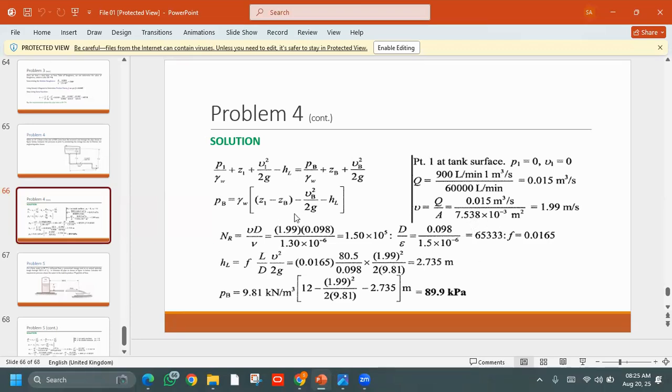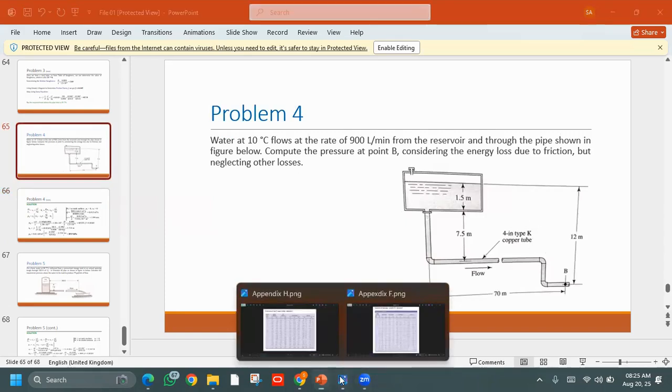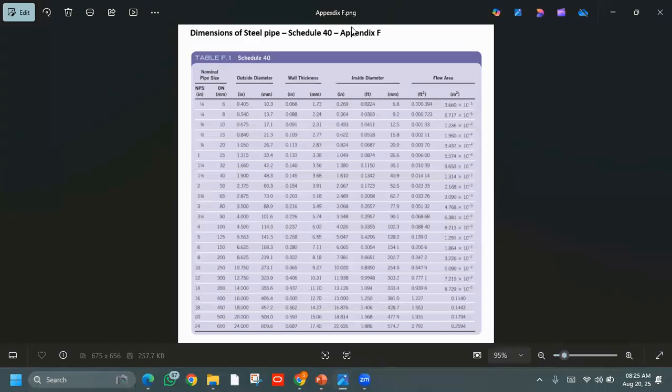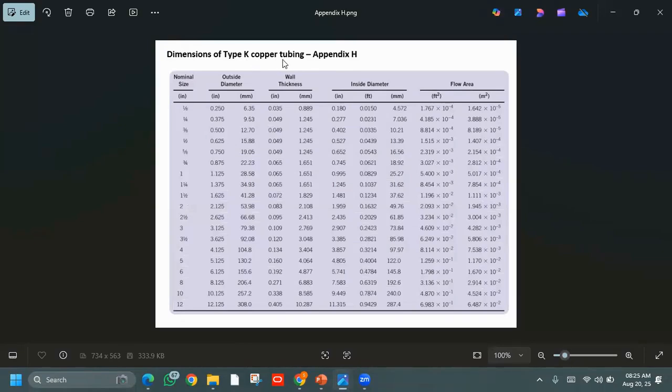The Reynolds number can be calculated by multiplying the velocity, which is already calculated, and the diameter of the pipe, which is the 4-inch type K copper tube. For that purpose, we have appendix F and appendix H. For copper tubing, we have appendix H. So the diameter was 4 inches, so we will see that row for the flow area.